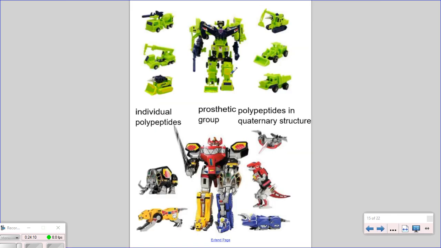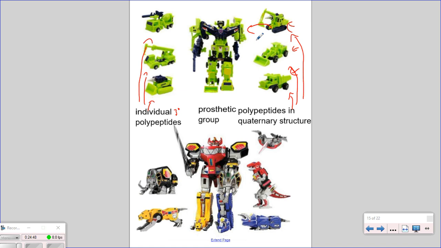The way to think about quaternary structures, because it might be hard to visualize, is with Transformers, the Constructicons. There are the individual Constructicons here. These would be like the individual tertiary polypeptides, and they can somewhat function individually, but ultimately they need each other to come together to function as one unit, and this is where they function most efficiently.